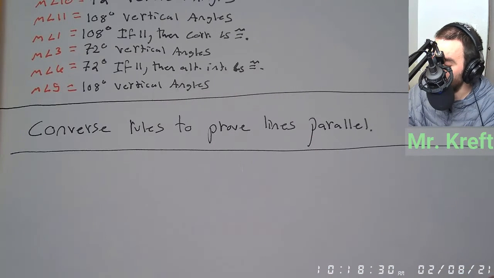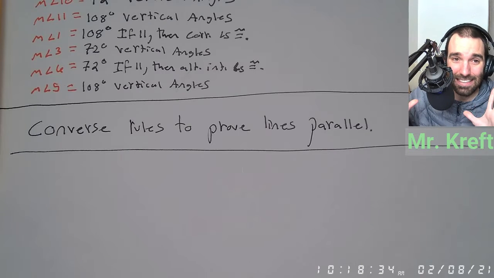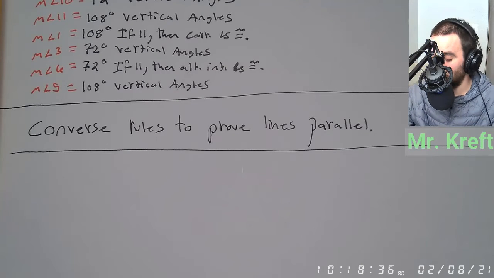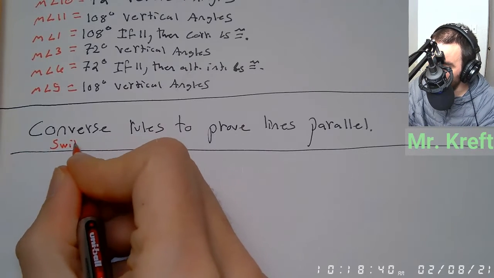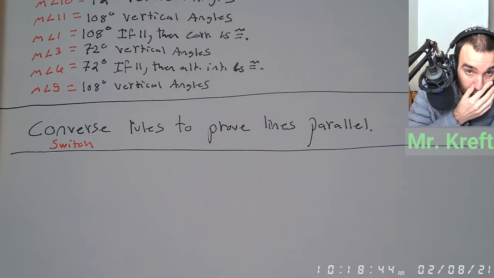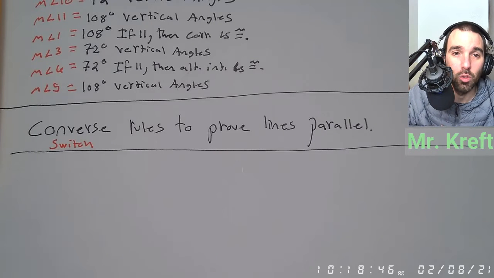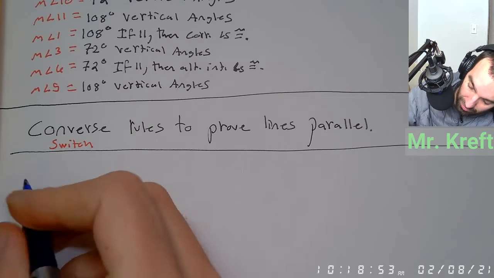We're going to use the converse rules to prove lines parallel. So if you don't remember, we got to remember, converse means switch. Okay, so we're going to switch. So remember, we switch P and Q. So all we're going to do is we're going to take the rules that we learned last time and we're going to switch them.